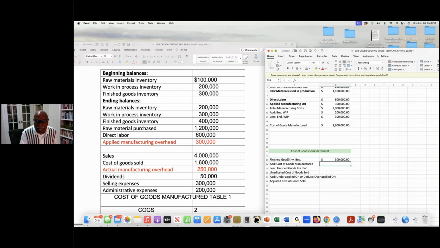We're going to bring this number down. Okay, so we bring that number down, less finished goods inventory ending. And our ending finished goods inventory was 400,000.